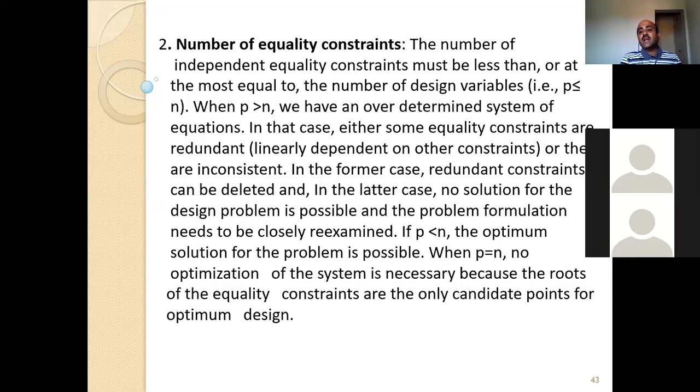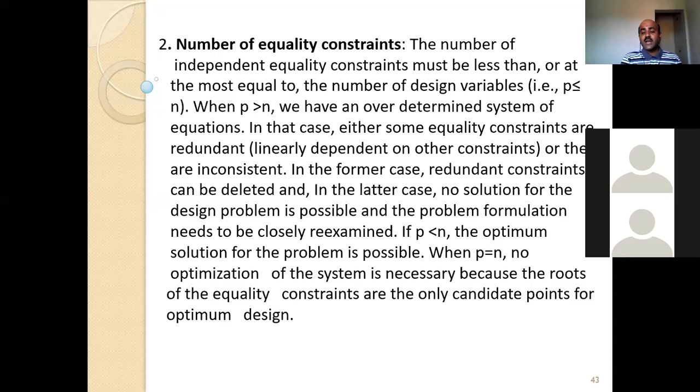When P is greater than N, meaning you have more independent equality constraints than design variables, then we have an overdetermined system of equations. Overdetermined in the sense that the equality constraints are redundant. They are linearly dependent on other constraints or they are inconsistent. These are the two important words.